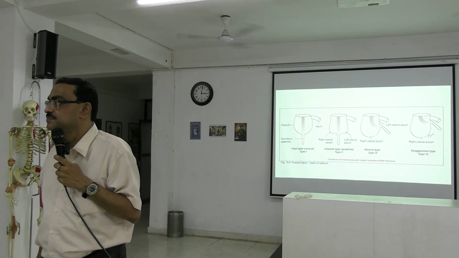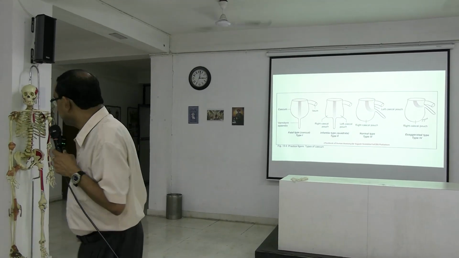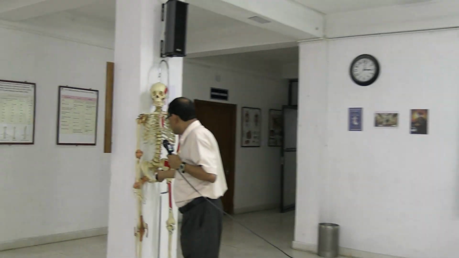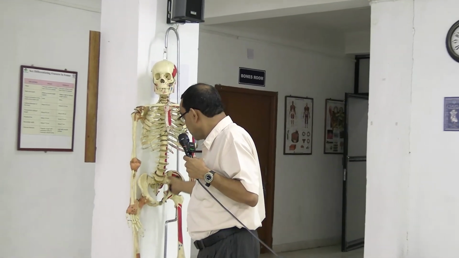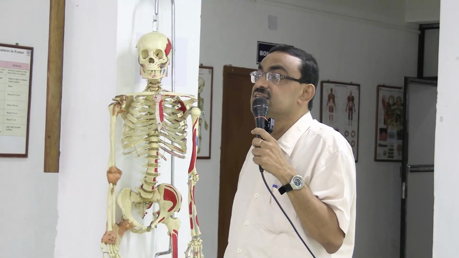There are two openings. One is in between the terminal ileum and the cecum. In between ileum and cecum there is one opening, called the ileocecal opening, which is guarded by one valve, so that the material from the cecum cannot go back to the terminal ileum.